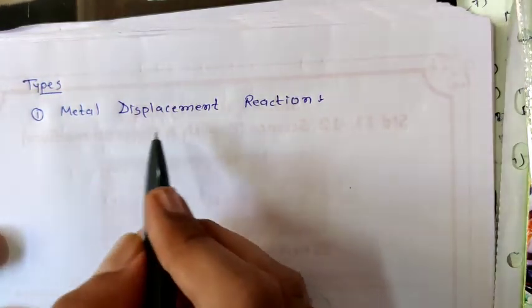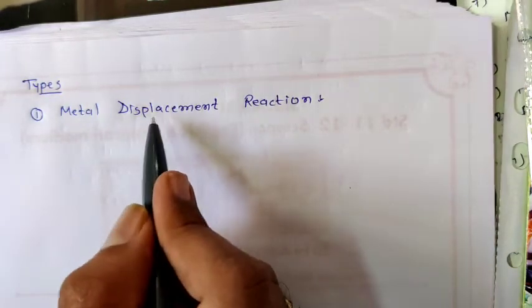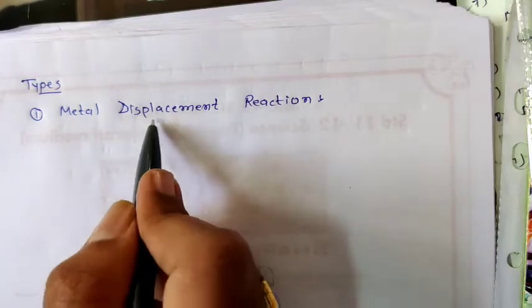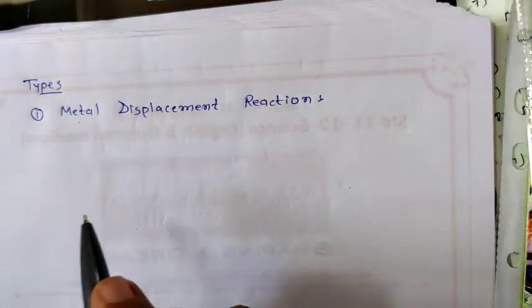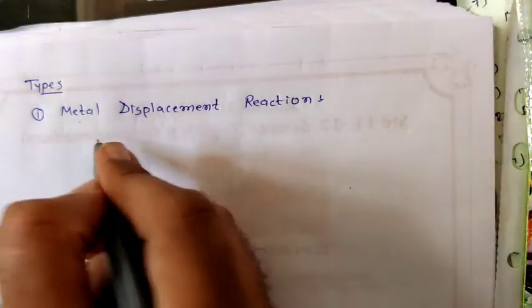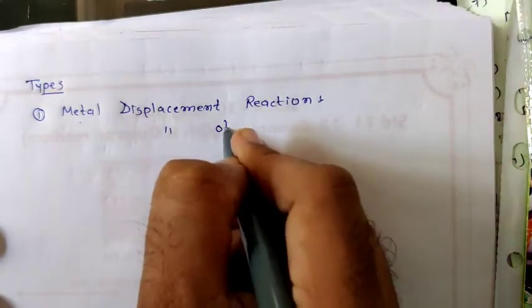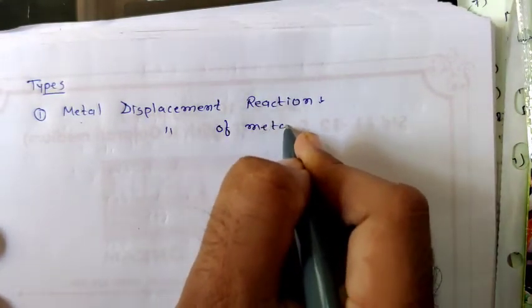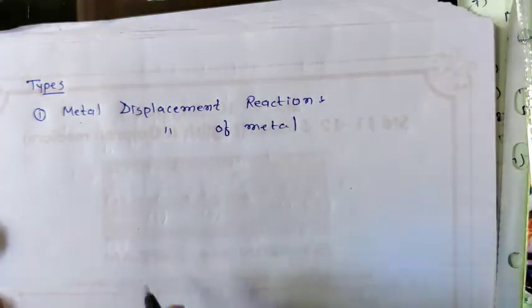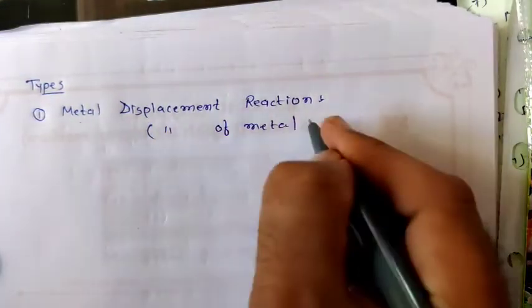The word itself says that in this type of reaction, displacement of metal only. Displacement of metal means metal displaced by other metal.